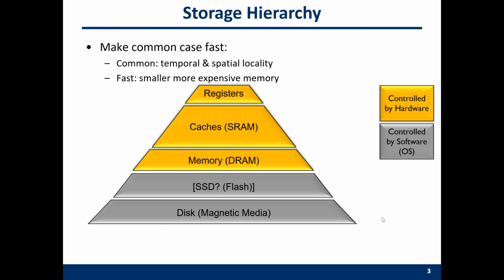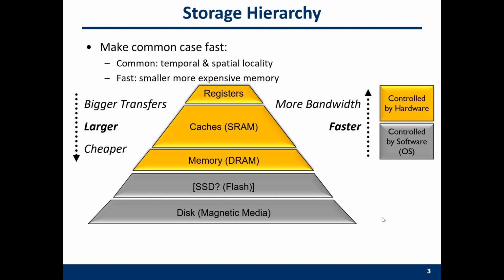Cache is fabricated on the CPU die, but the memory has its own die. So you can see that at the top layers, it's faster, but it's more expensive. In the bottom layers, very slow and cheaper.